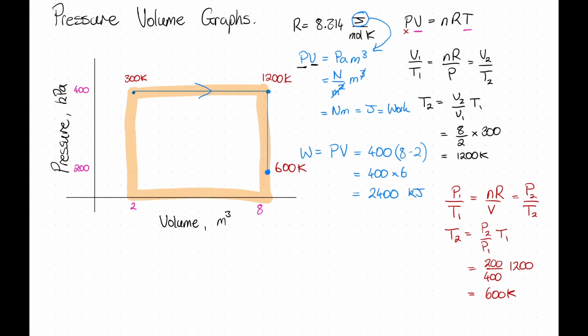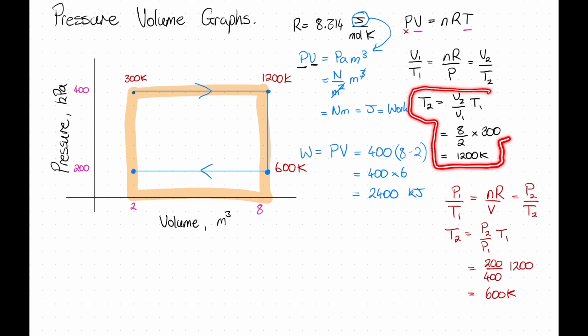So let's do some more work. We're going to move across over here from our 600 Kelvin back to its original volume. We're going back the opposite way now. So we've gone from 600 Kelvin at 8 meters cubed and 200 kilopascals to 200 kilopascals at 2 meters cubed. So we can use this formula again over here.